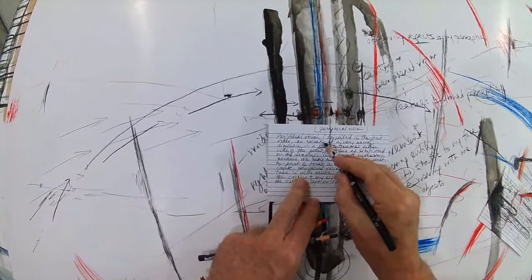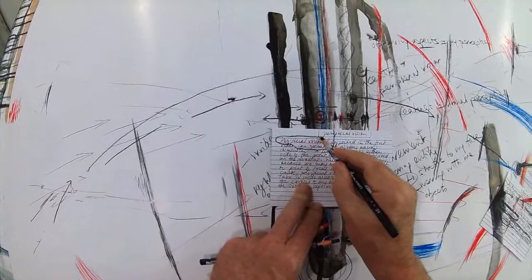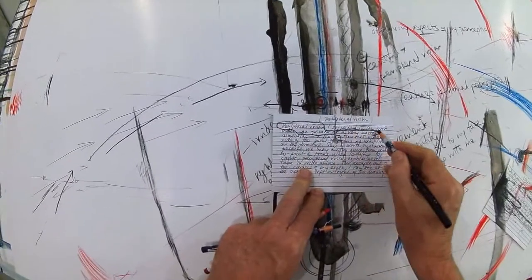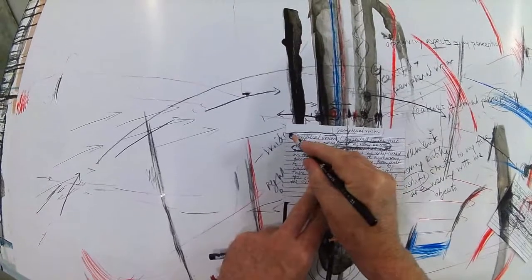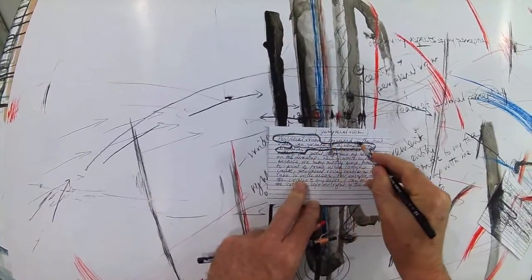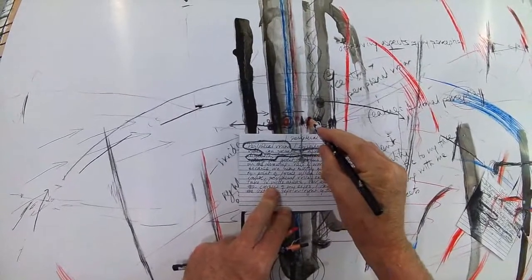And what I say here is that peripheral vision can operate at a very narrow dimension. And this is true here, I can observe it here.